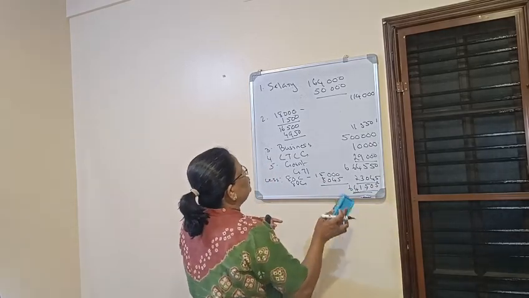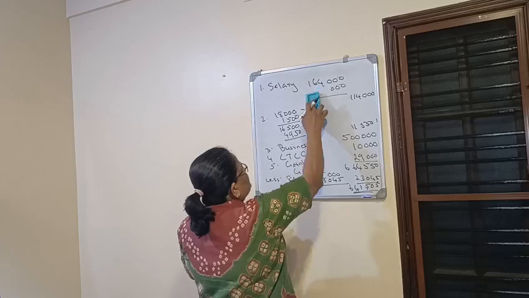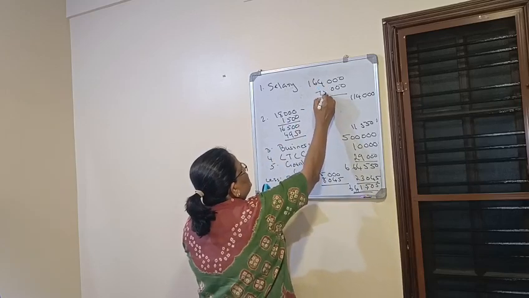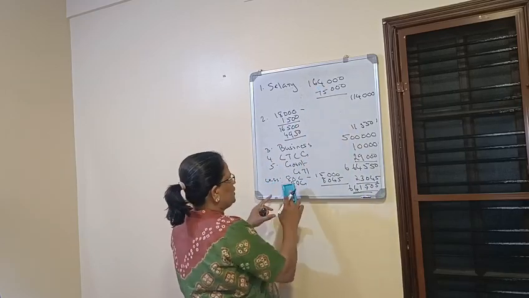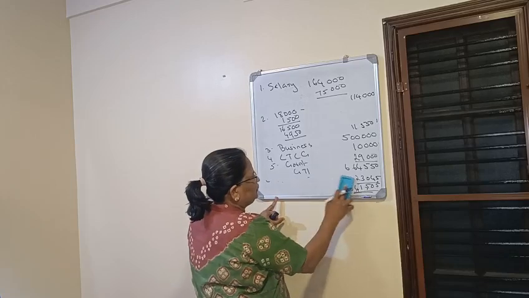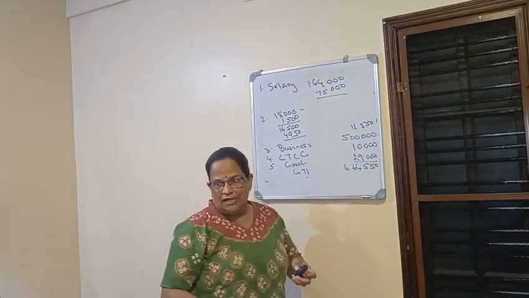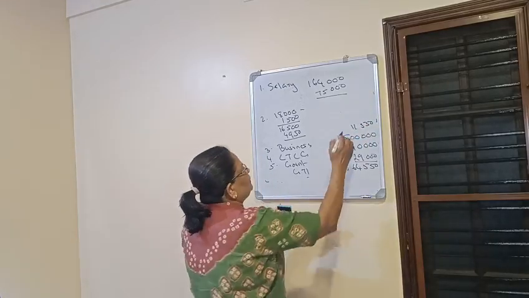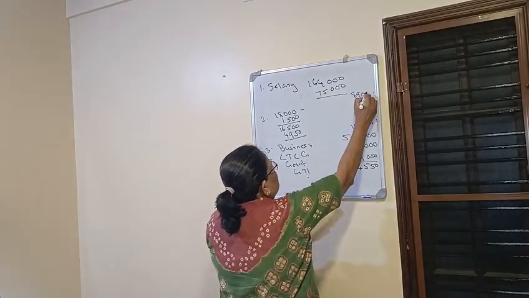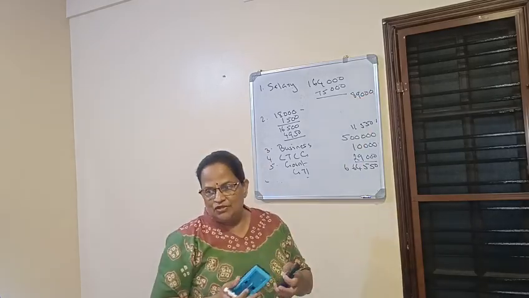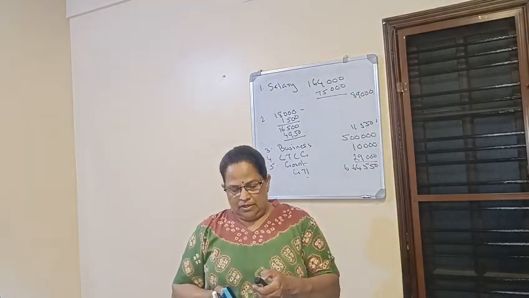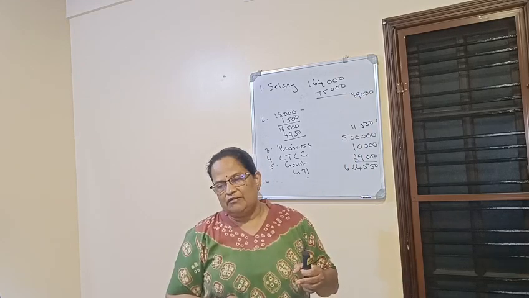Now when we go to the new scheme, you have to reduce 75,000 as the standard deduction. So the salary value will change. Salary value is 89,000. House property is the same, 11,550. Professional income 5 lakhs.